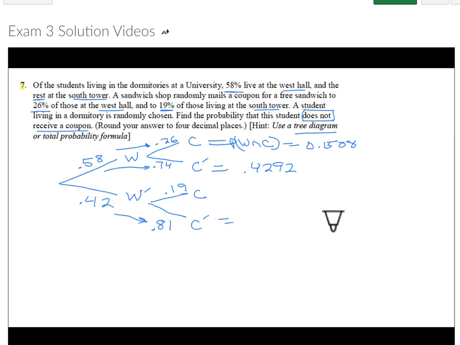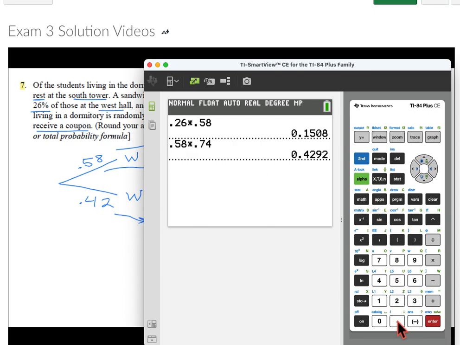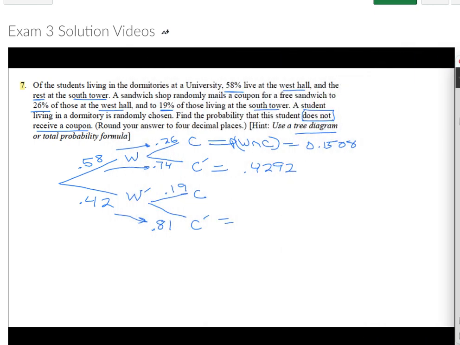That's going to give us 0.42 times 0.81, 0.3402. And these are the two ways to not get a coupon.